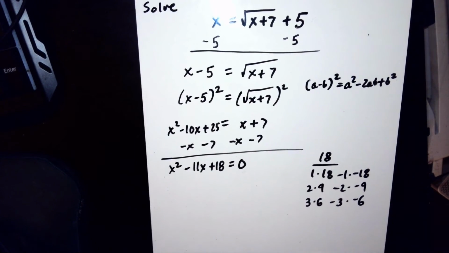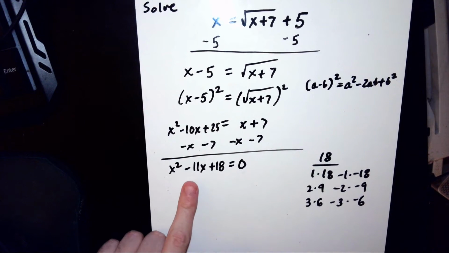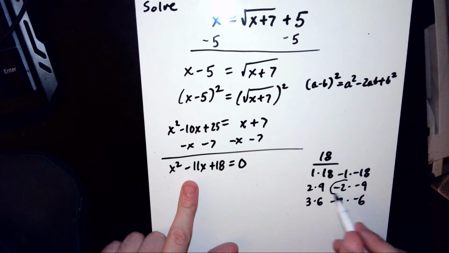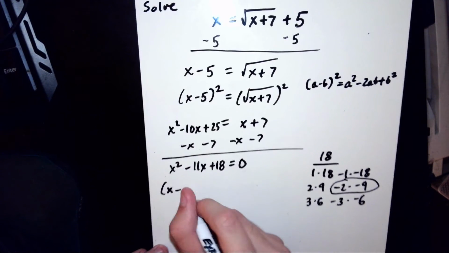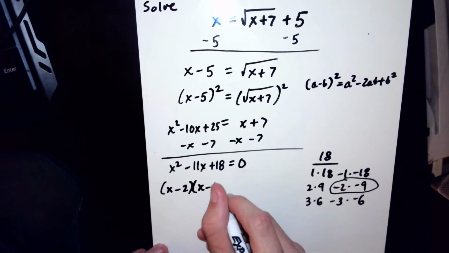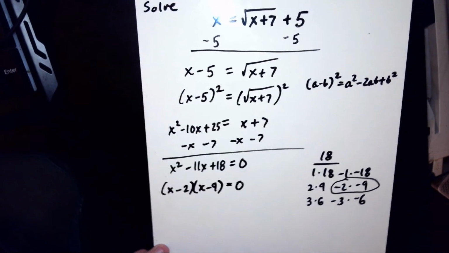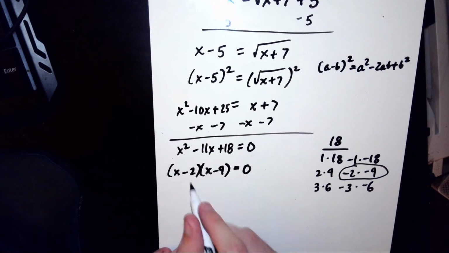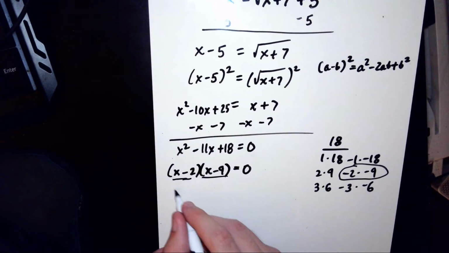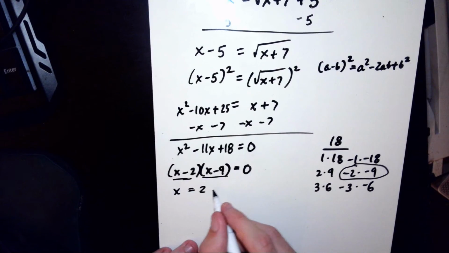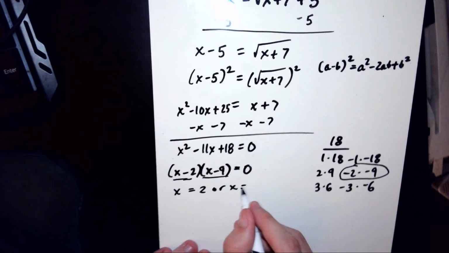Now we just need to take the one that actually has a sum of minus 11. That's this one right here. So we get (x minus 2) times (x minus 9) equal to 0. Then we set each of these factors equal to 0 by the zero product property, leaving us with x equals 2 or x equals 9.